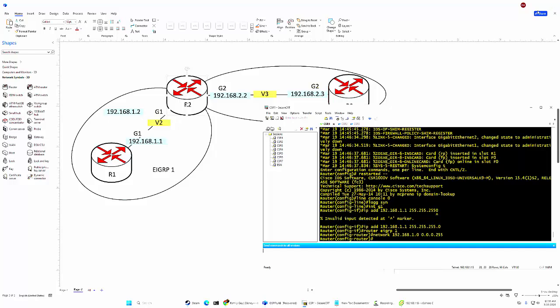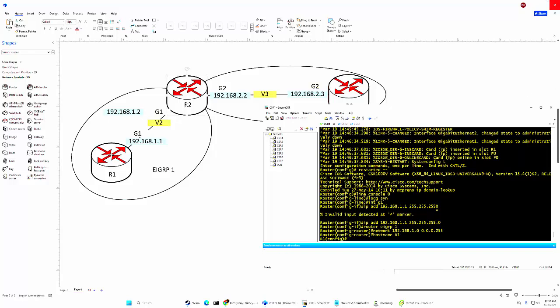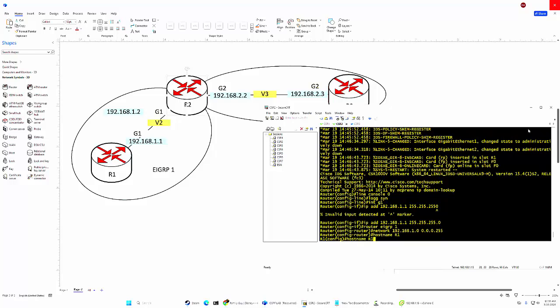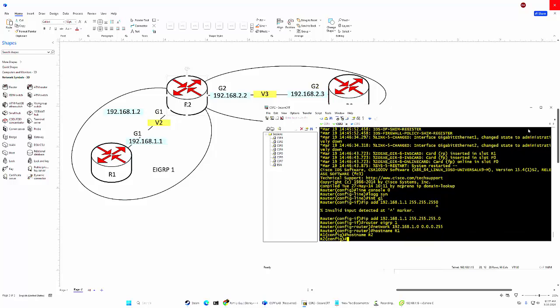Okay, so we'll say hostname router 2. Change this to this.